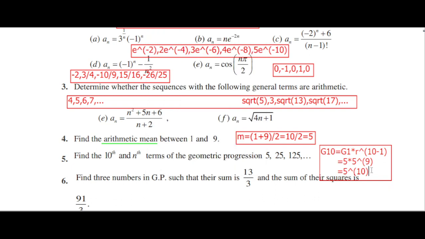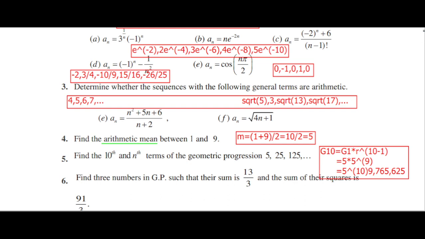So 5 to the power of 10 is 9,765,625. Now let's compute the nth term. Find the nth term, that is what we need to find, Gn.